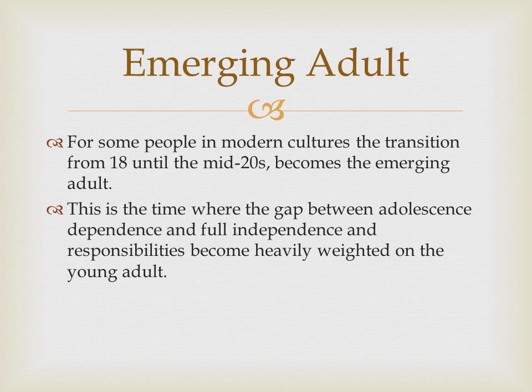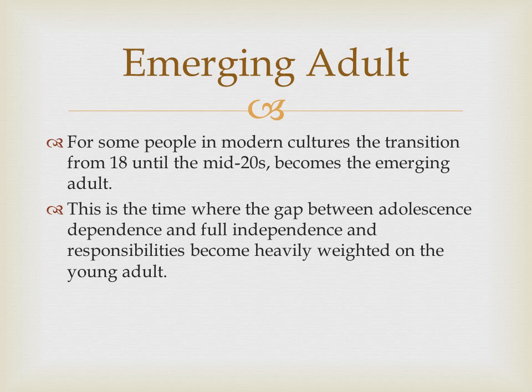So you're beginning to emerge as the adult. For some people in modern cultures, the transition from 18 until the mid-20s becomes the emerging adult. Some people believe there may be another stage in there where you're understanding what your occupation should be before you can really understand intimacy versus isolation. But we're still going with Erikson's. The next stage is intimacy versus isolation.